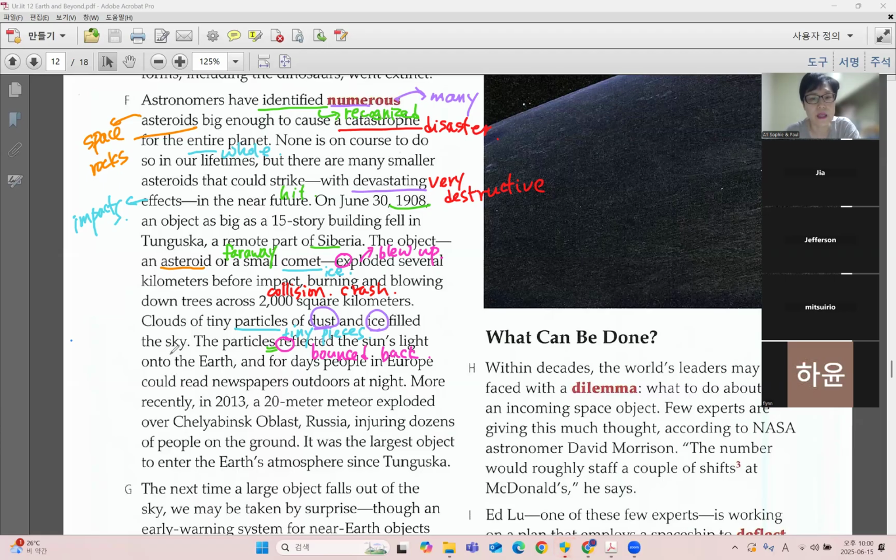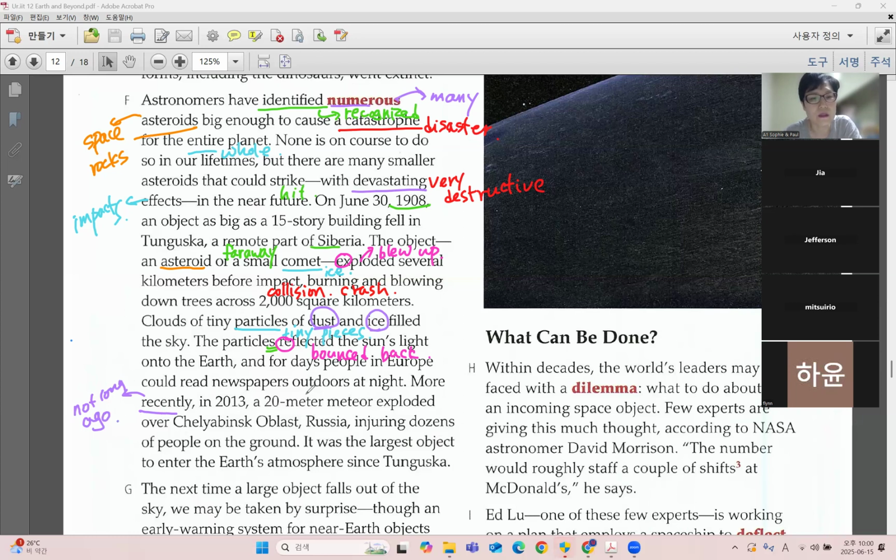And for days, people in Europe could read newspaper outdoors at night. Wow, interesting. More recently. What is recently? Recently means not long ago.